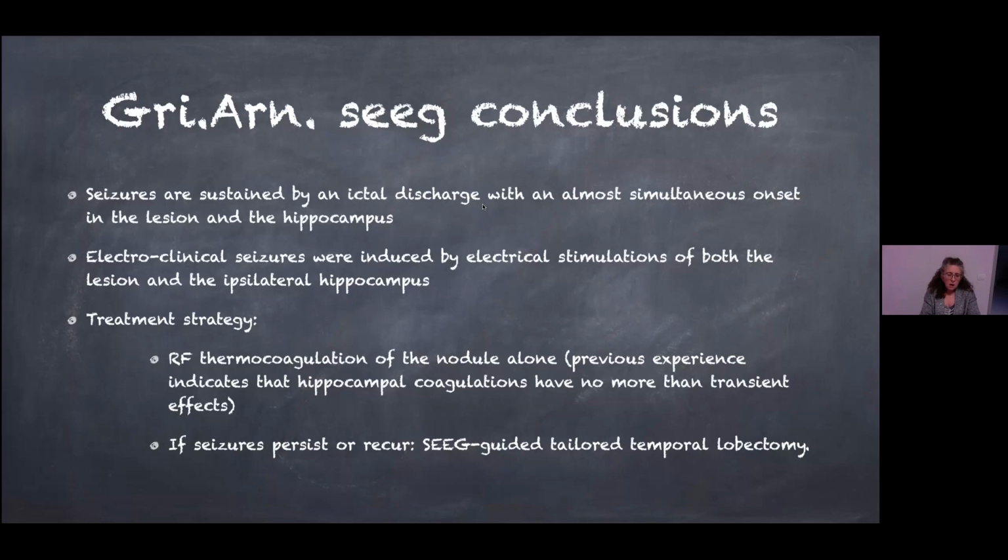The strategy after that was to try radiofrequency thermocoagulation in the nodule alone, not doing both the nodule and the hippocampal formation at that time. And besides, if the seizures persisted, we could do a tailored temporal lobectomy.